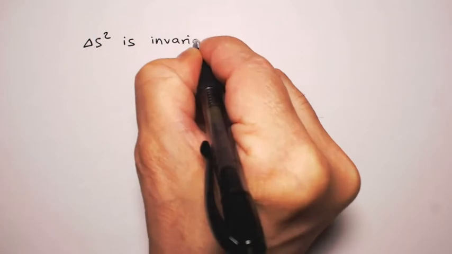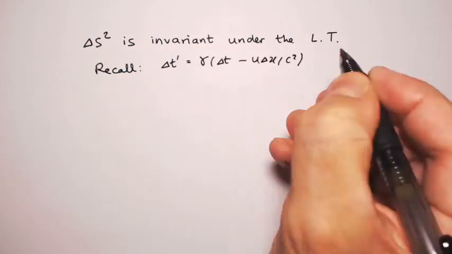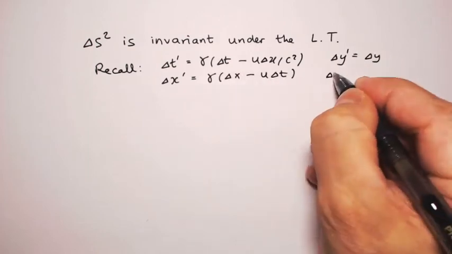Now delta s squared is invariant because its value does not change in different frames. It is invariant under the Lorentz transformation.